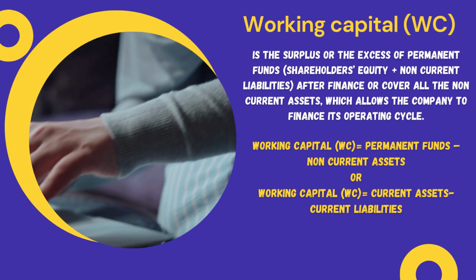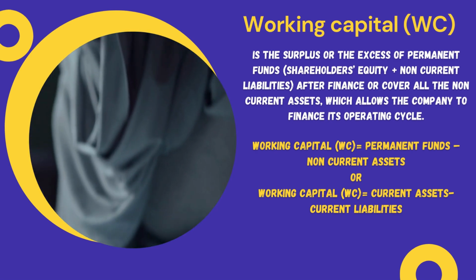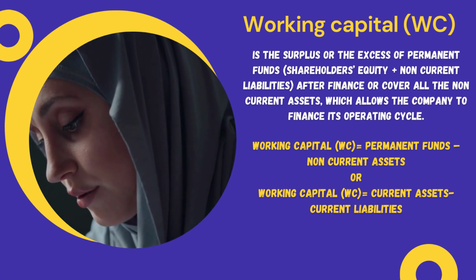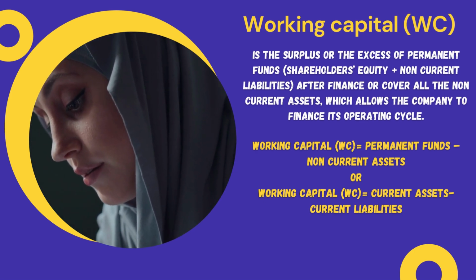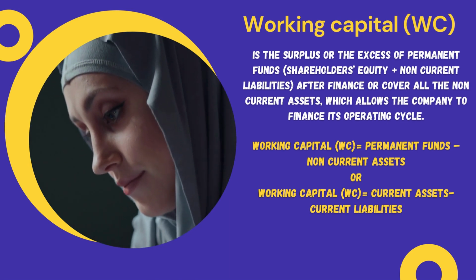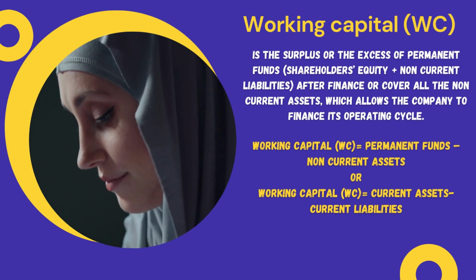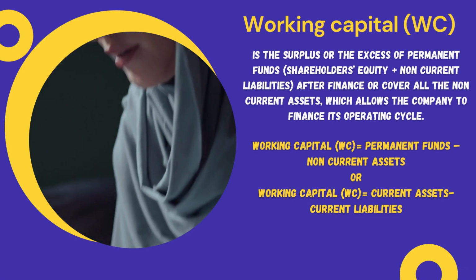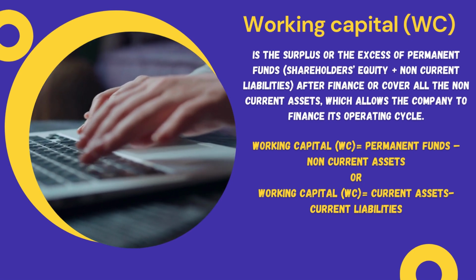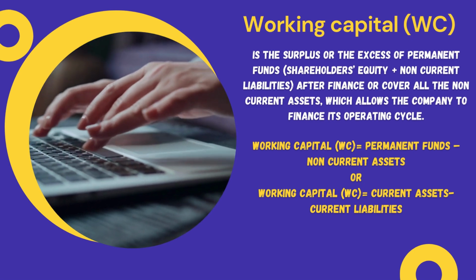WC. Working capital is the surplus or the excess of permanent funds, meaning the shareholders' equity plus non-current liabilities, after financing or covering all the non-current assets, which allows the company to finance its operating cycle. We have two ways to calculate the WC.